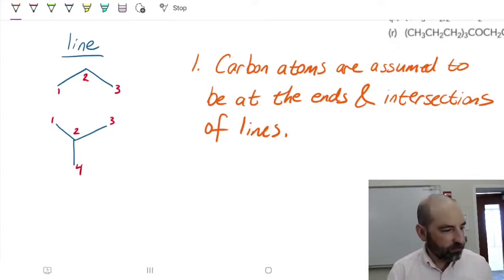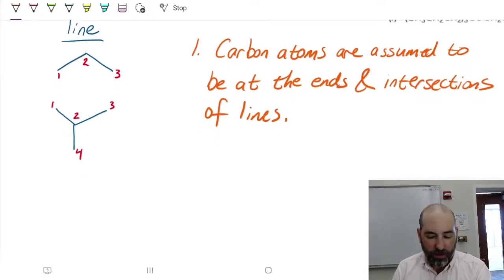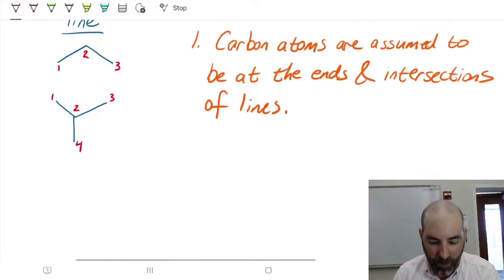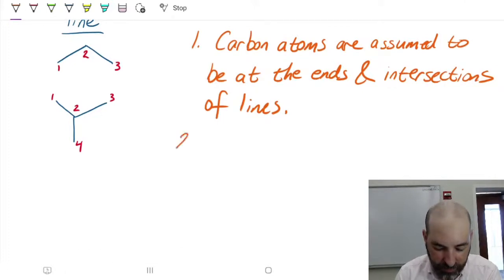Communication with the tablet's been a little slow again for some reason. All right, so wherever we have an end of a line or lines intersect, we assume there's a carbon atom there. Okay, well, what about the hydrogen atoms? Well, that's going to be our second rule.